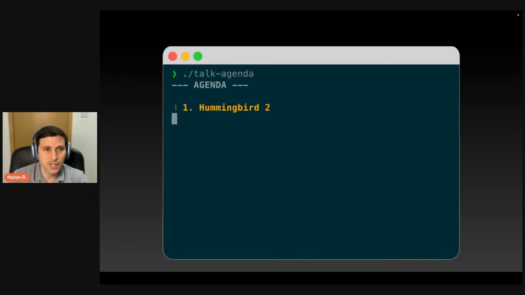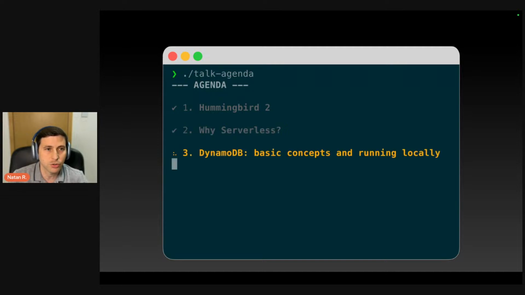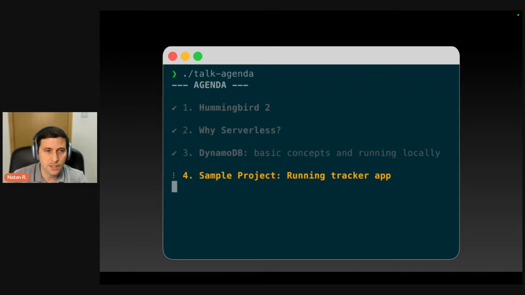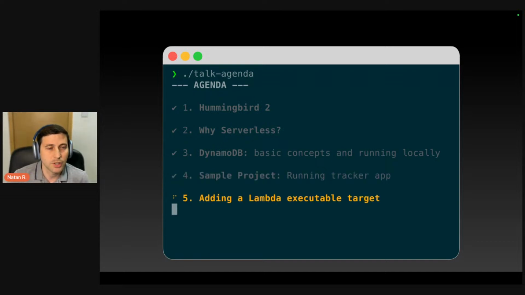So what are we going to cover today? We're going to start with a little intro about Hummingbird 2. And then we'll move on to why serverless. Andrew already covered a little bit. Then we'll go to DynamoDB, some basic concepts, running locally and accessing it. We'll have a sample project, a running tracker app, which will use Dynamo, and we'll add a Lambda executable target to it.